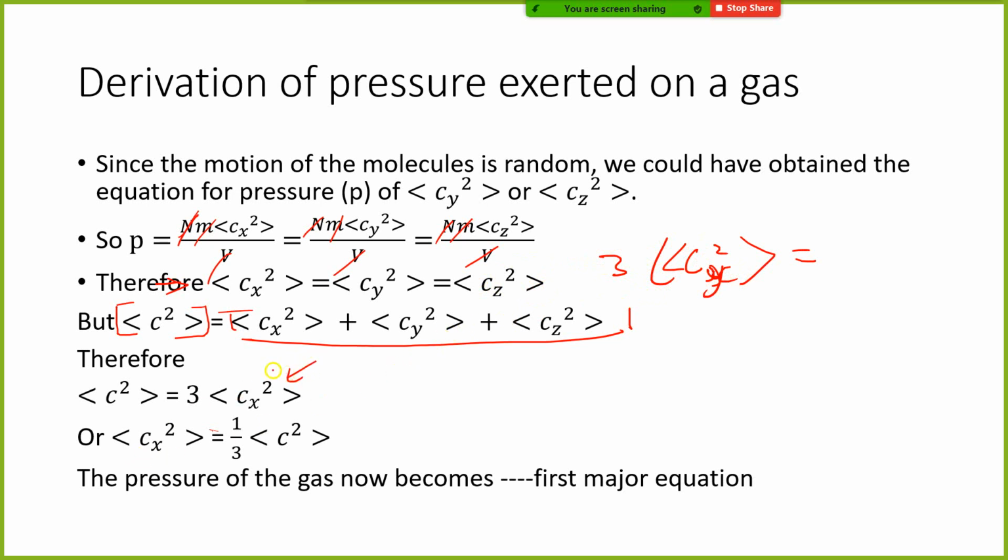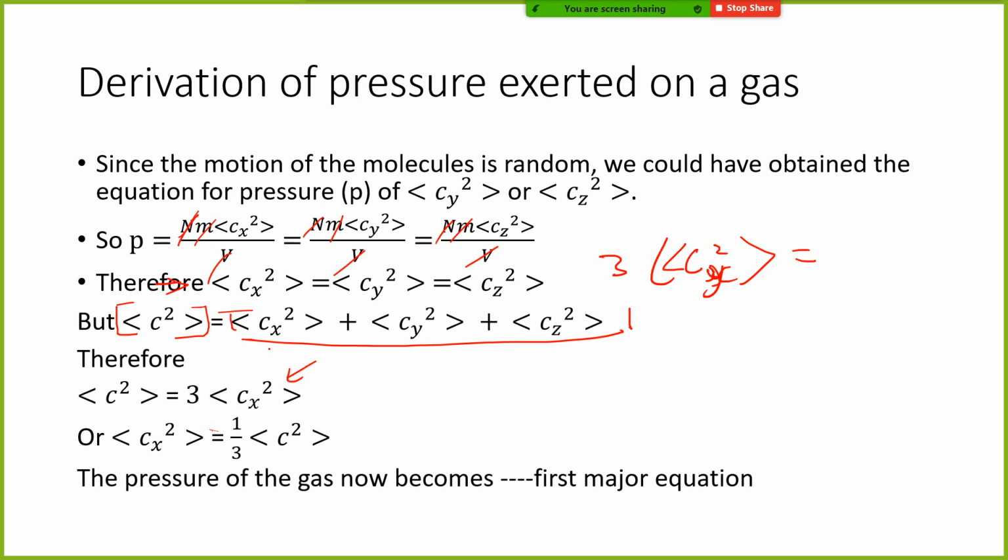But before we reach that point, because we are involved in 3 axes, it means that our mean speed would be a sum of those and divide that by 3.